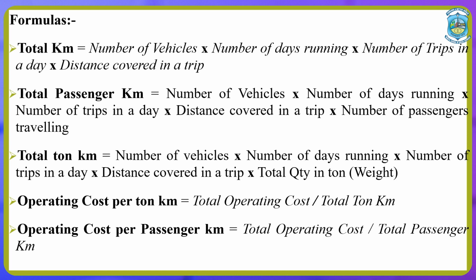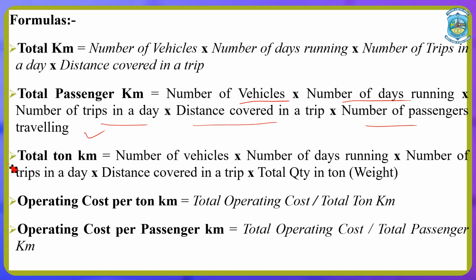For total passenger kilometers: number of vehicles running, multiplied by number of days in a month the vehicle is running, multiplied by trips, multiplied by the distance covered in a trip, multiplied by the number of passengers traveling in the vehicle. We calculate this to find total passenger kilometers.